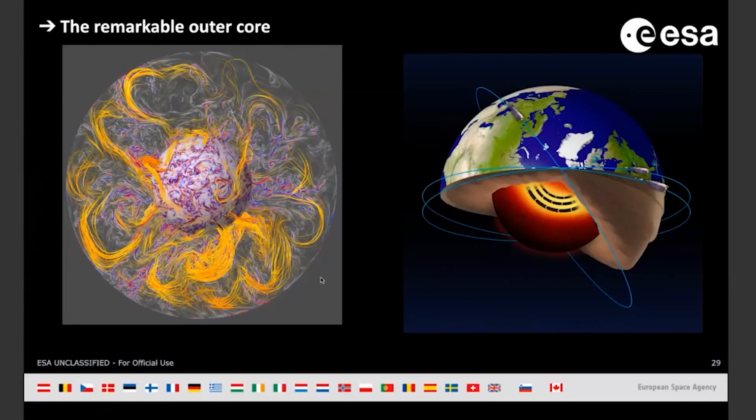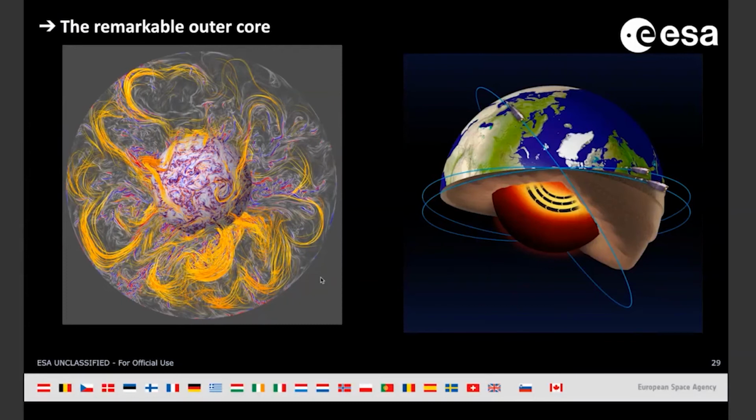A little bit more detail here, and then I will go to the conclusions on this. What you see here on your left is basically an attempt by modelers who use our data to show exactly what is going on inside of the outer core. So in yellow, you see the magnetic field lines inside of the outer core.